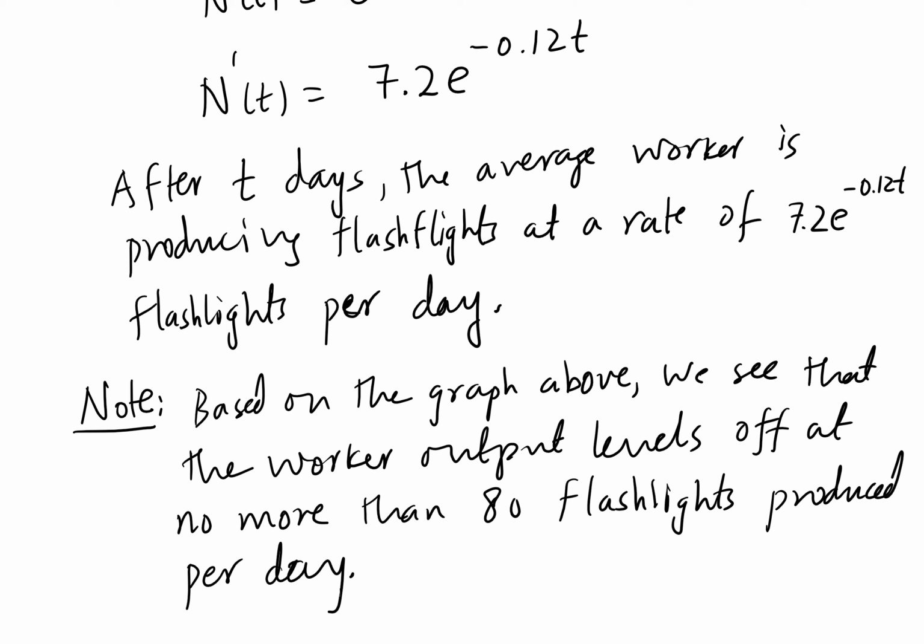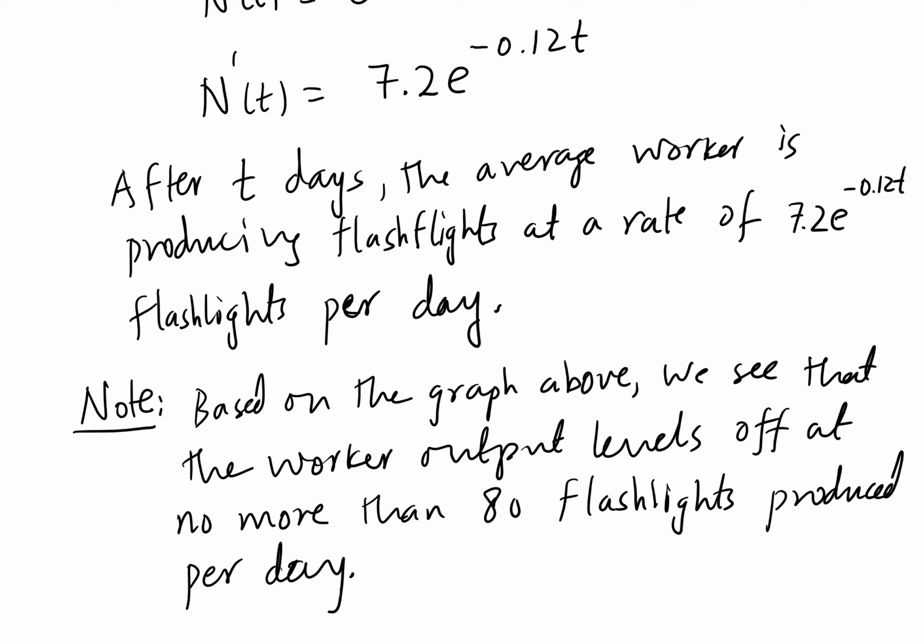So to summarize this section, we went over the derivative for e to the x. We went over the derivative of e to any function in general, and then applications to that. How we find the derivative using the product rule, the quotient rule, and then how we apply it to actual examples from real life situations, including the compounded continuously functions and an example about workers and how many flashlights they can produce per day.